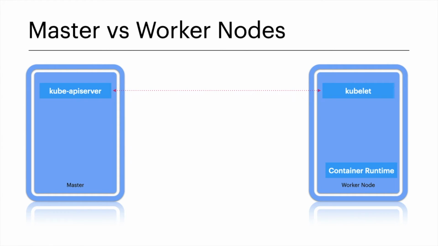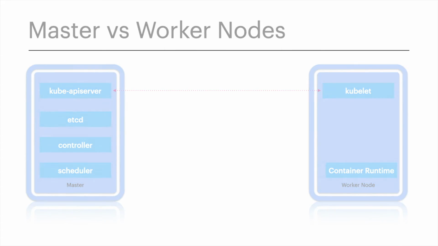The master also has the controller manager and the scheduler. There are other components as well, but we will stop here for now. The reason we went through this is to understand what components constitute the master and worker nodes. This will help us install and configure the right components on different systems when we set up our infrastructure.